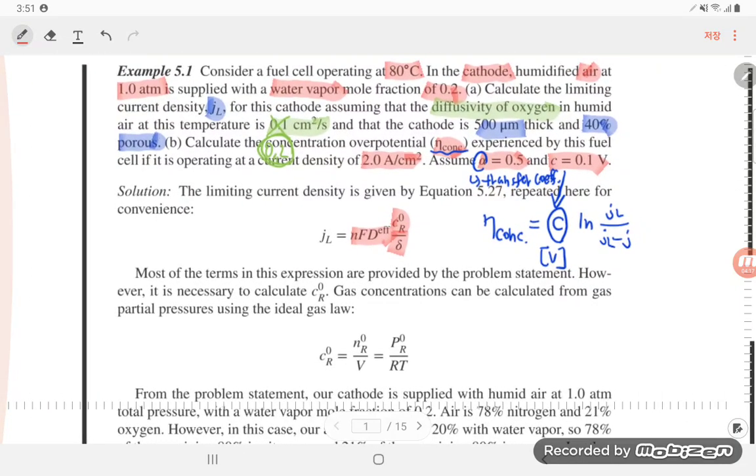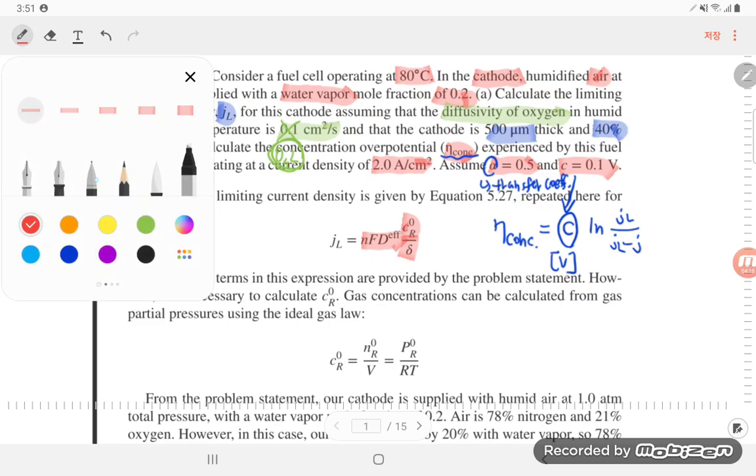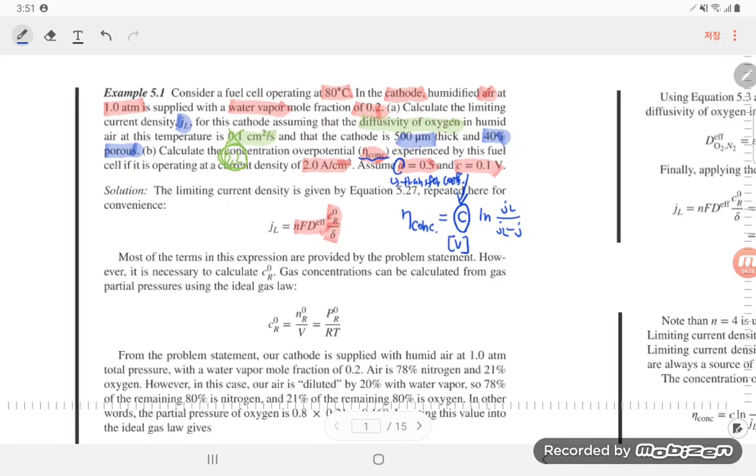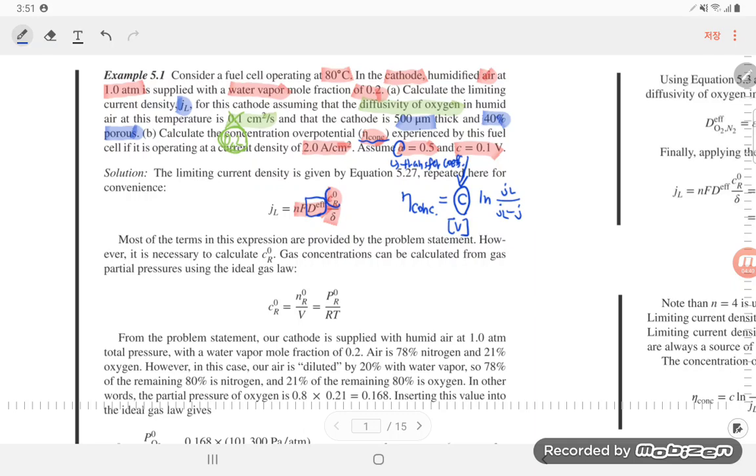So in here, n is the electron number, F is the Faraday constant, and D effective is the effective diffusivity, and we should calculate it to obtain the limiting current density. And what is CR0? This is the concentration of the reactant in the air, which is oxygen, right?